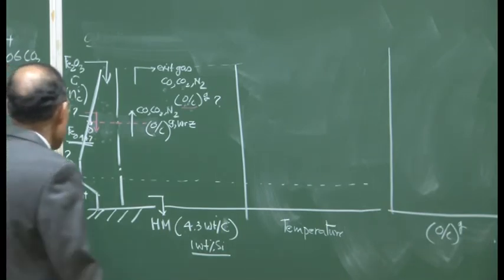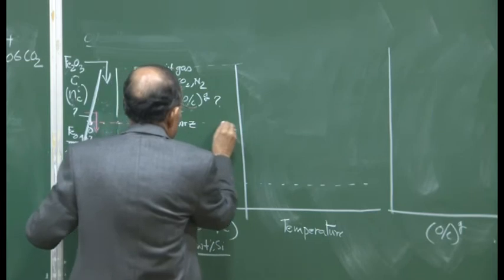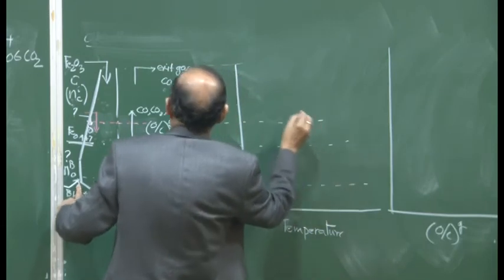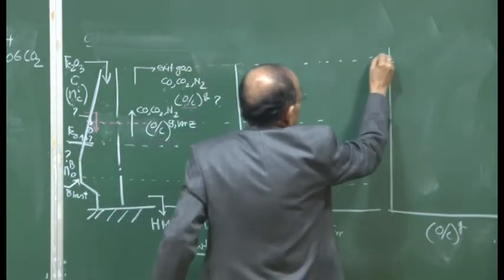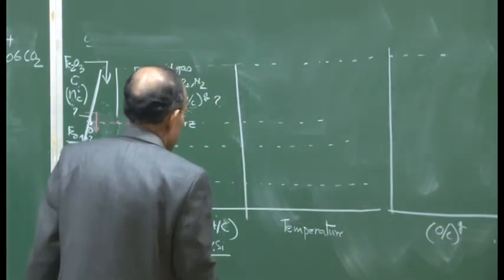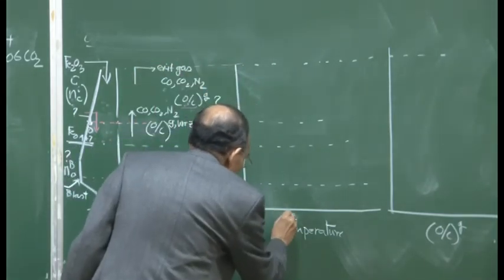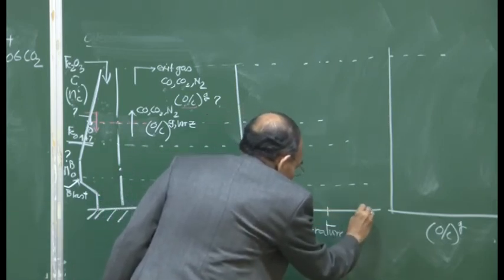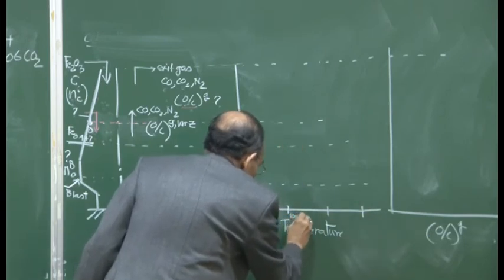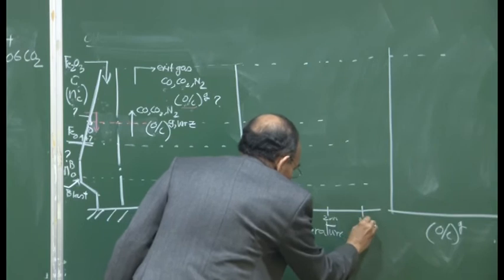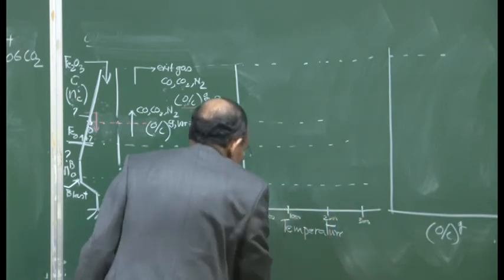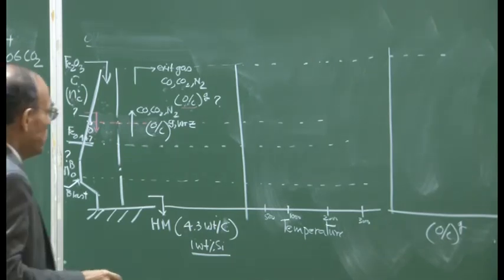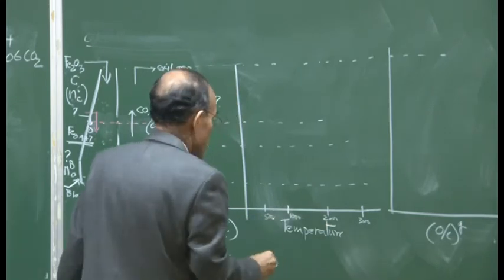Here, if we plot the gas, for example, this is the 1200 and this is the top part of the furnace, and I would say this is 1000, this is 2000, this is 3000, this is about 500. So, this is about 2000 Kelvin we are talking about. So, this is Kelvin.